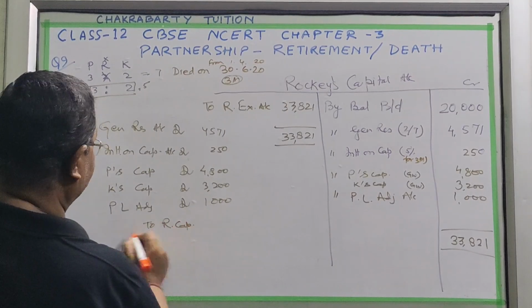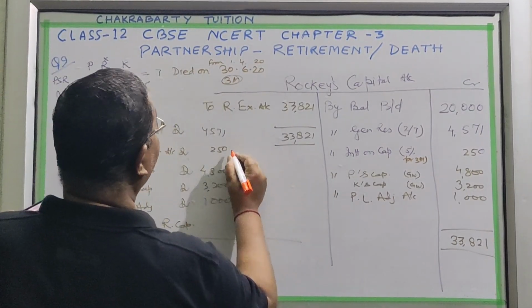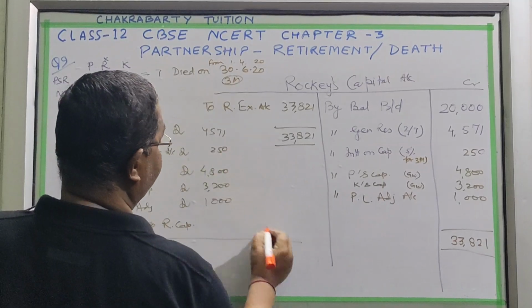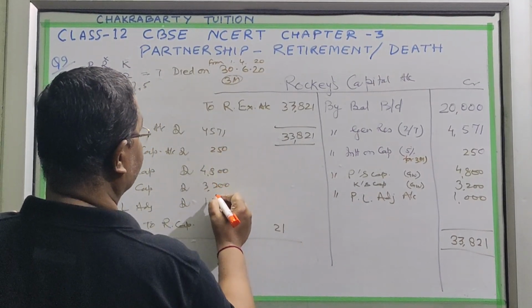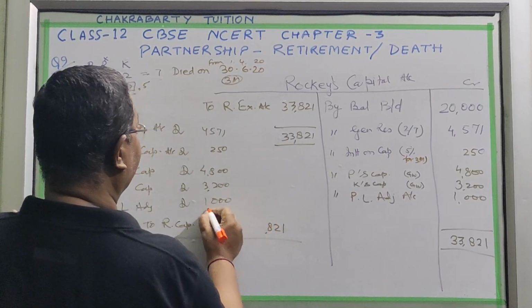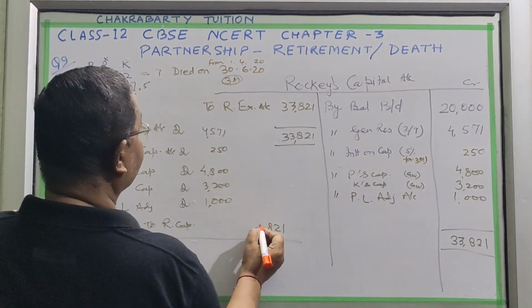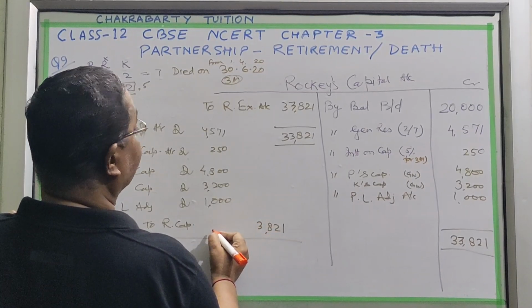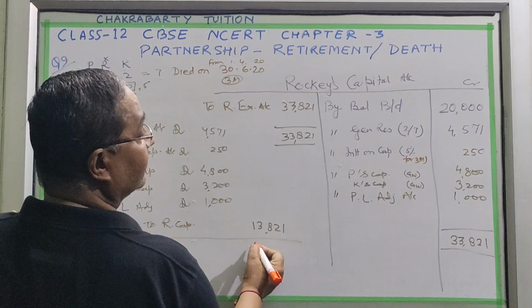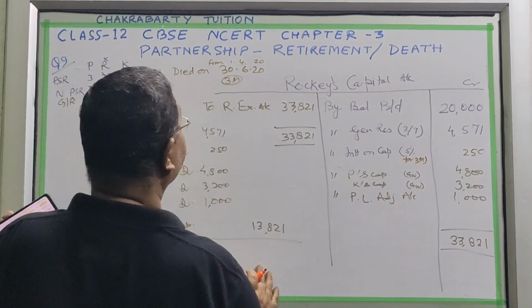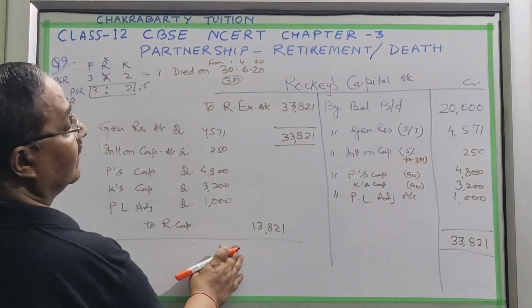Account is not written before the names. So this total will come to 33,800.